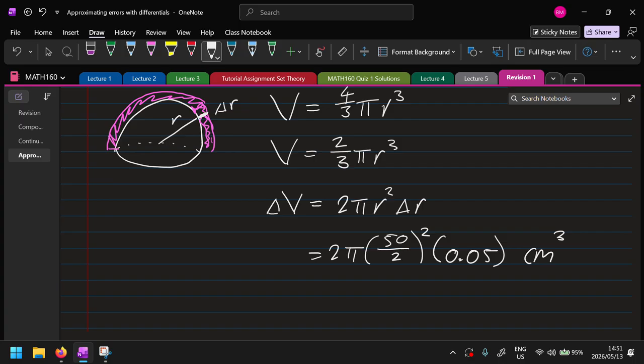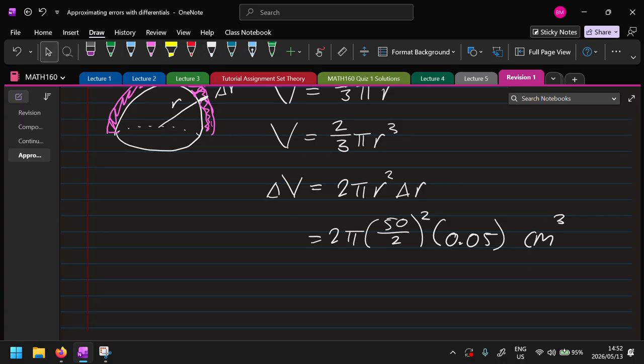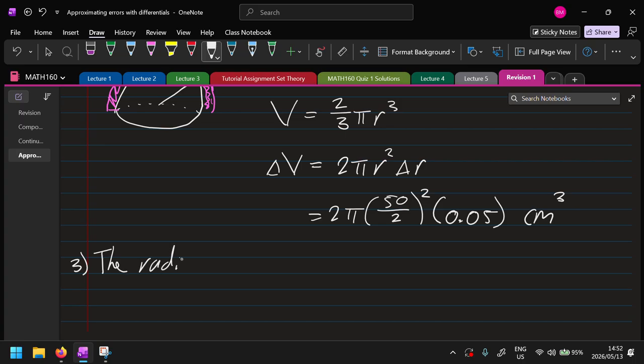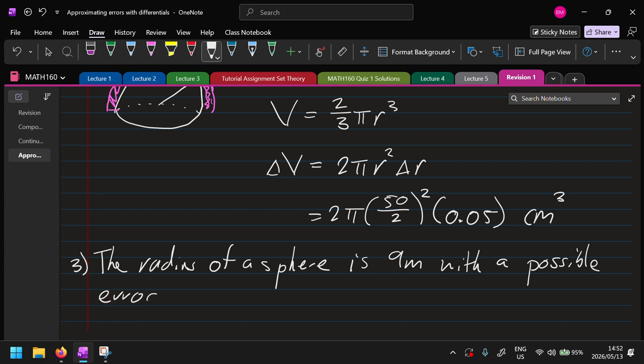Okay. Any questions for this one? Oh, good. Okay. Last one here, number 3. The radius of a sphere is 9 meters with a possible error of 1%.